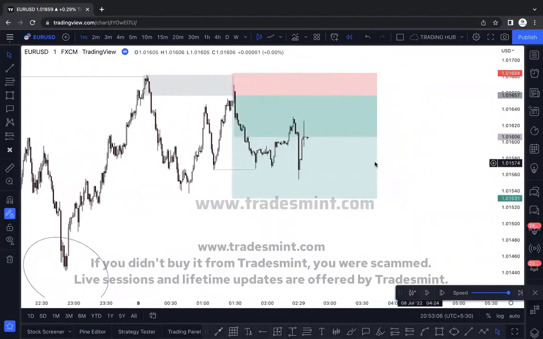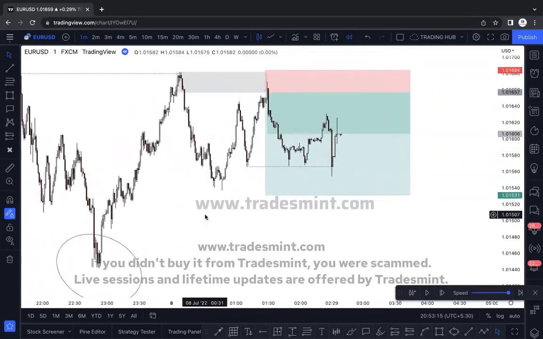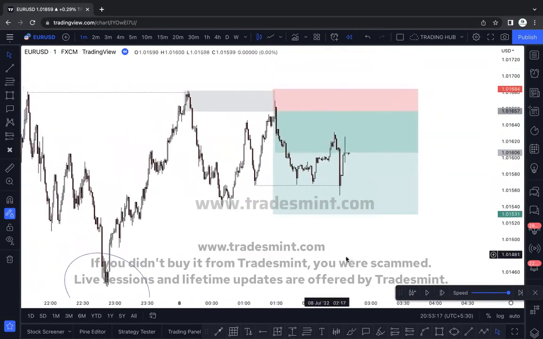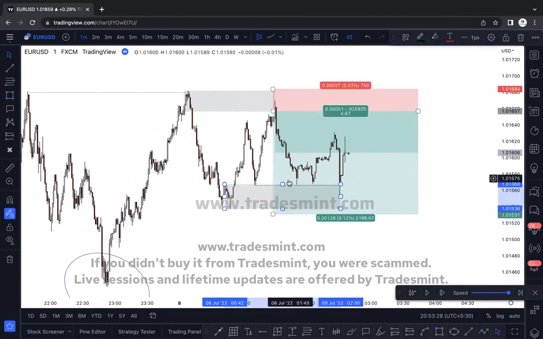Okay, so at this point we can take a little bit of partial or move our stop loss to break even. Correct. And market wants to go higher because you can see here market taking out this equal low, and tapping on this order block, probably this order flow.